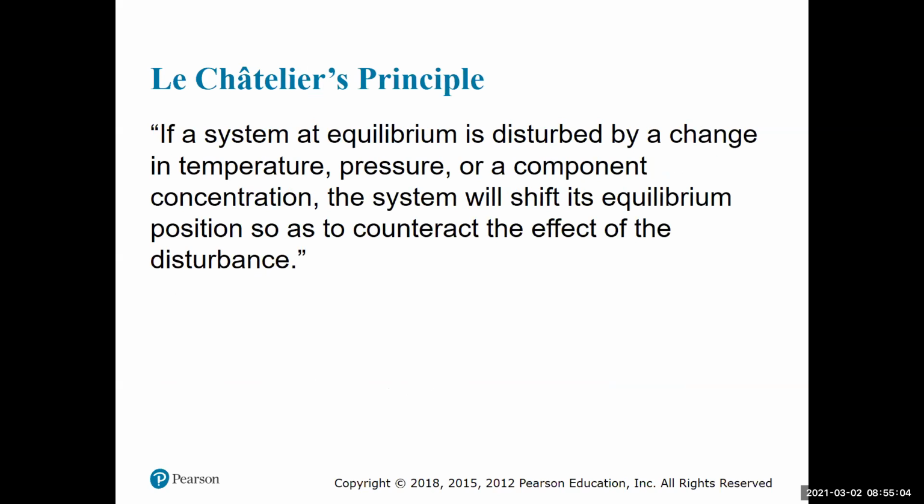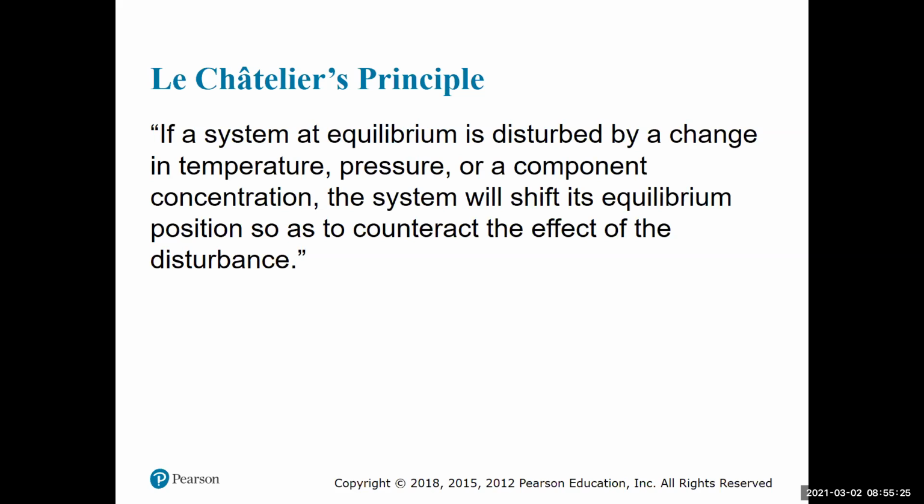We're going to move on to something called Le Chatelier's principle. And what it says is that if a system at equilibrium is disturbed by a change in either temperature, pressure, or concentration, the system shifts the equilibrium to counteract that effect.